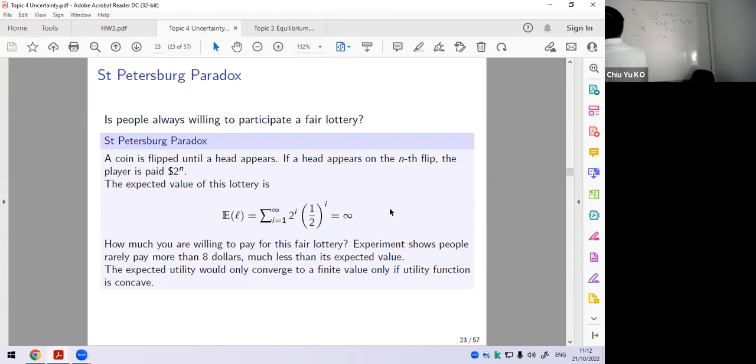Because half of the time you get $2, with probability 1/4 you get $4, with probability 1/8 you get $8, and so on and so forth. So it's just a bunch of ones adding up. You add 1 to infinity, then it's infinity. So this lottery has an expected value of infinity.